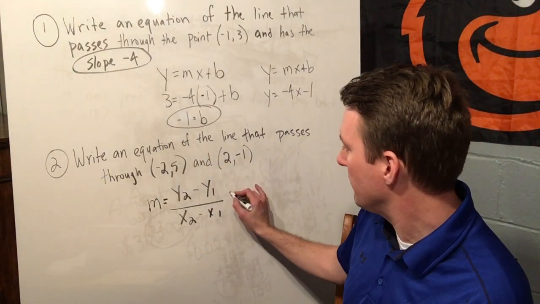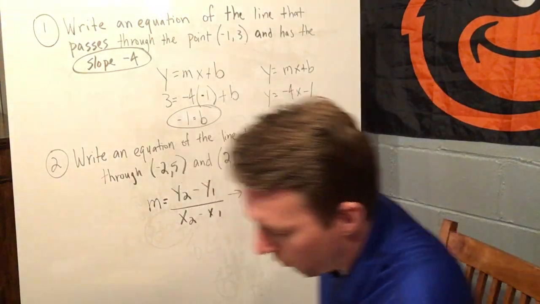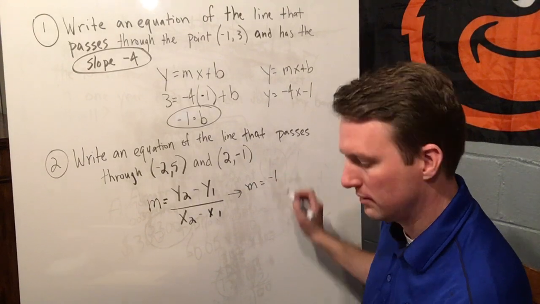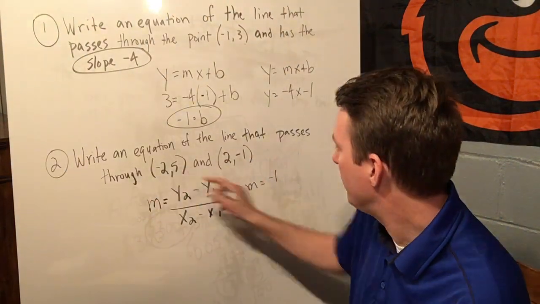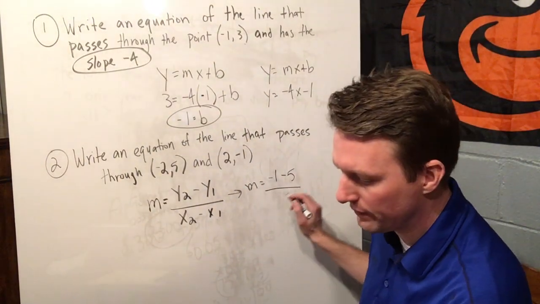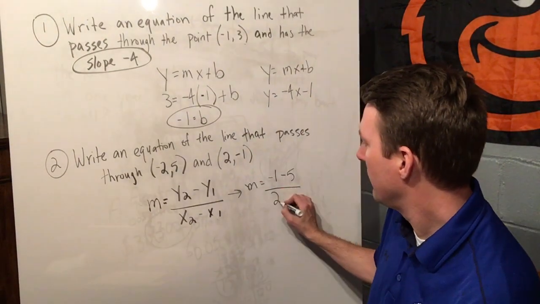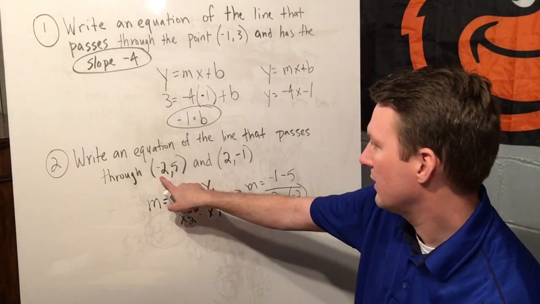So this can be written as m equals y2 would be -1, minus y1 would be, that's right, 5, divided by x2, which would be 2, minus -2 here, okay?